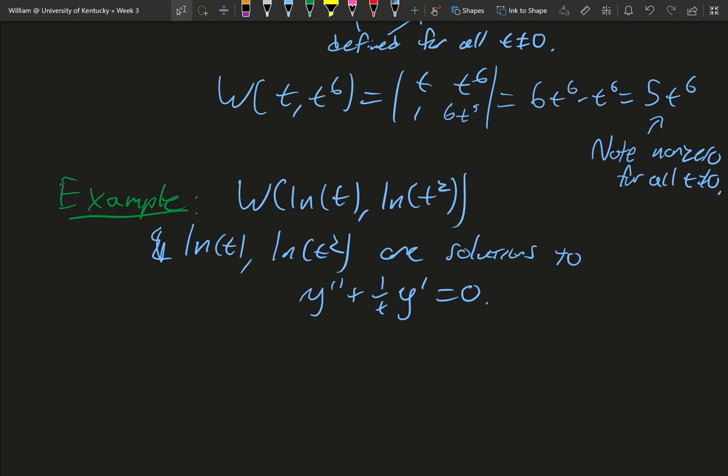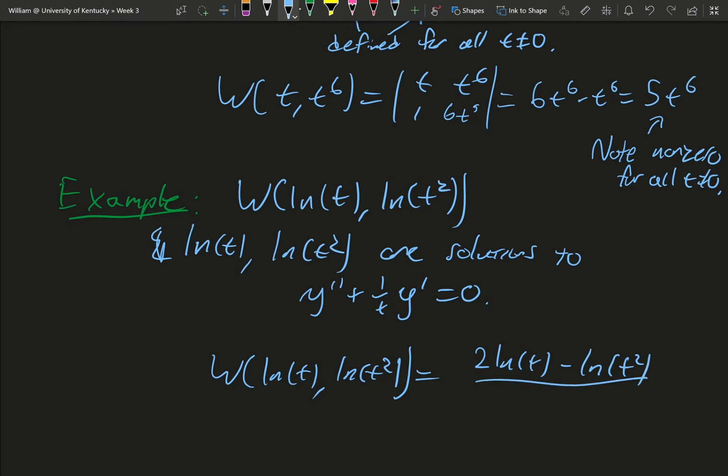But a fair number of people, which I expected, fell for what was supposed to be a trick question. If you didn't remember your logarithm rules, you would get something non-zero. So you should have gotten something like 2 ln of t minus ln of t squared, over 2.